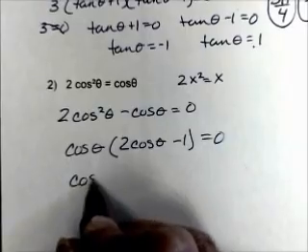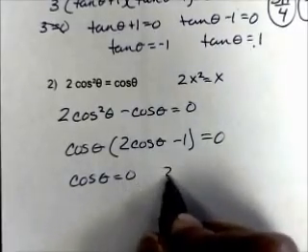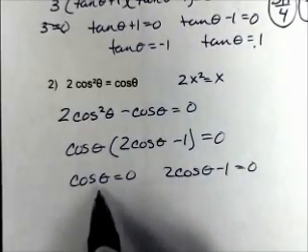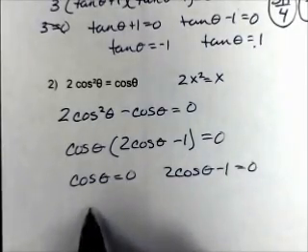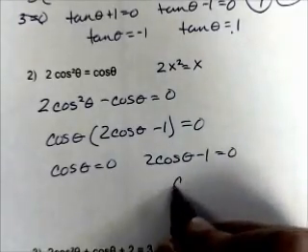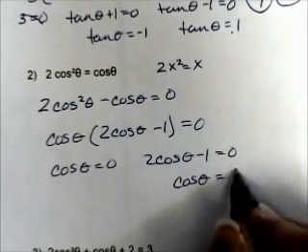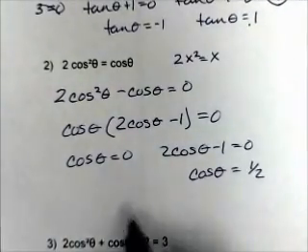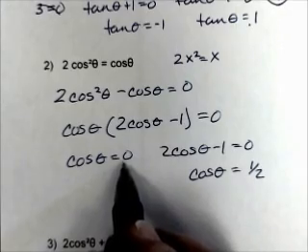Set each one equal to 0. Okay, so cosine theta equals 0. I know I'm going to look at my quadrantal angles for that. Add 1, divide by 2. Cosine theta equals 1/2. All right, positive 1/2. Now, back to cosine theta equals 0.